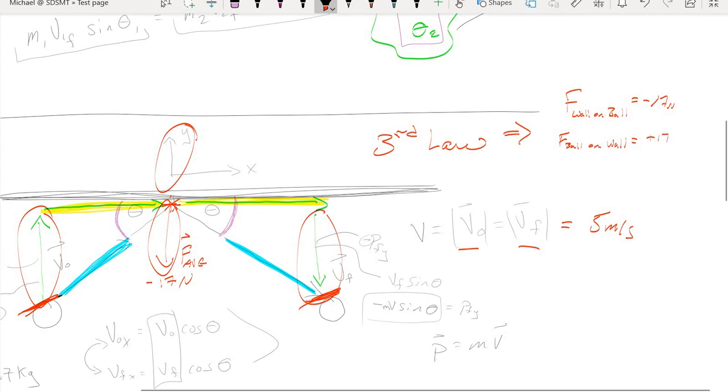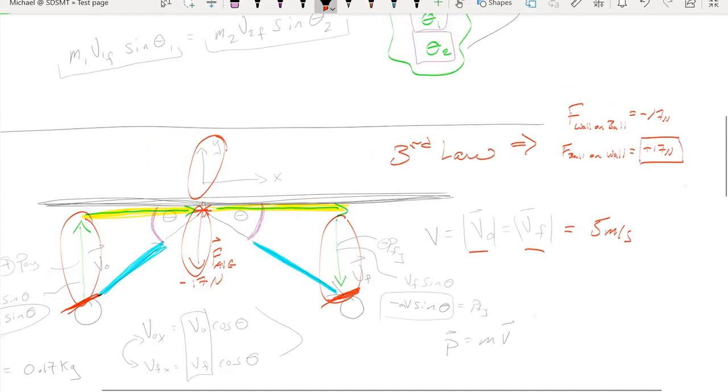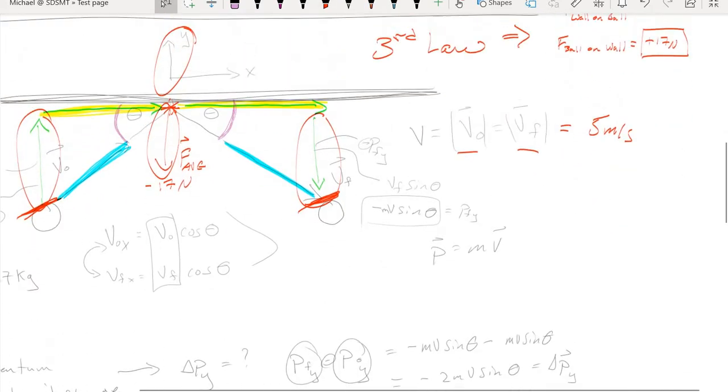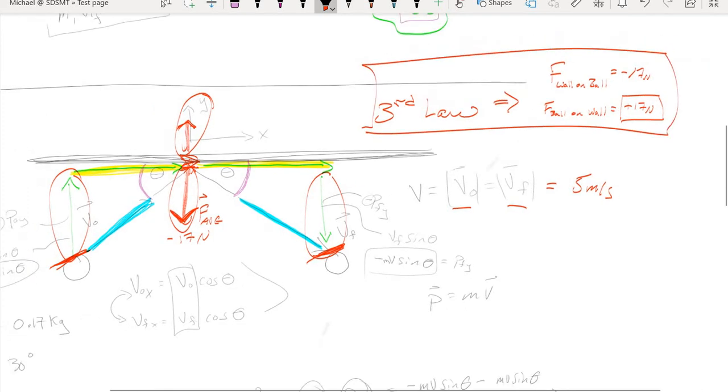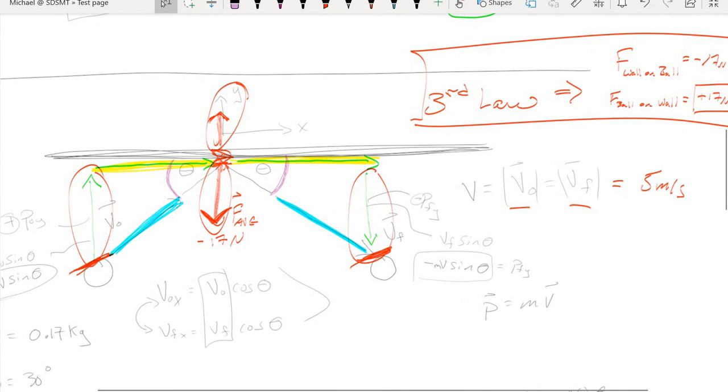And that would have to be of equal and opposite value. So there we have it. The wall produces a force on the ball, pushing the ball in the negative y direction, but during that impact, the ball pushes on the wall in the positive y direction. And that can be justified going back and using Newton's third law.